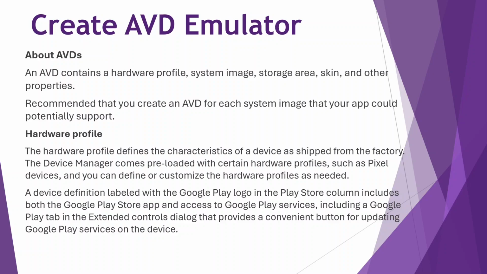I'm going to show you, while creating the AVD emulator, what the different hardware profiles are and how you can select a hardware profile that has access to Google Play Store as well as Google Play services.